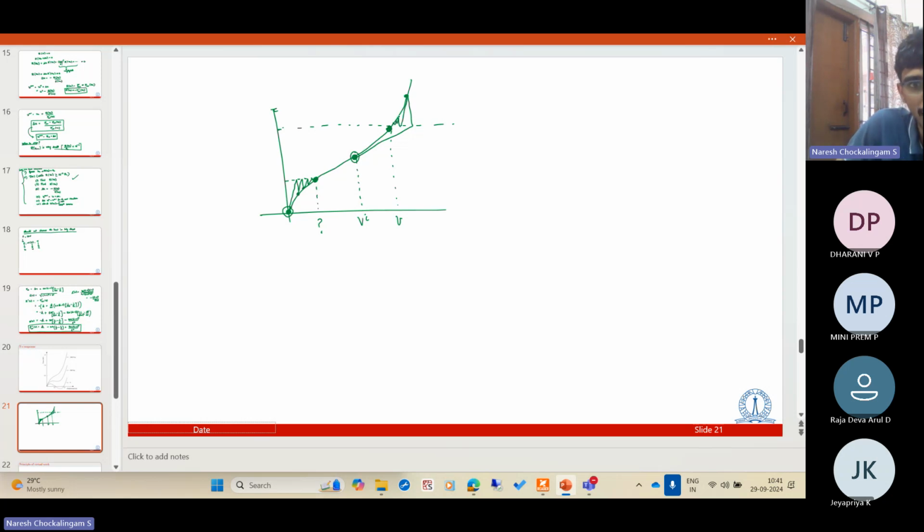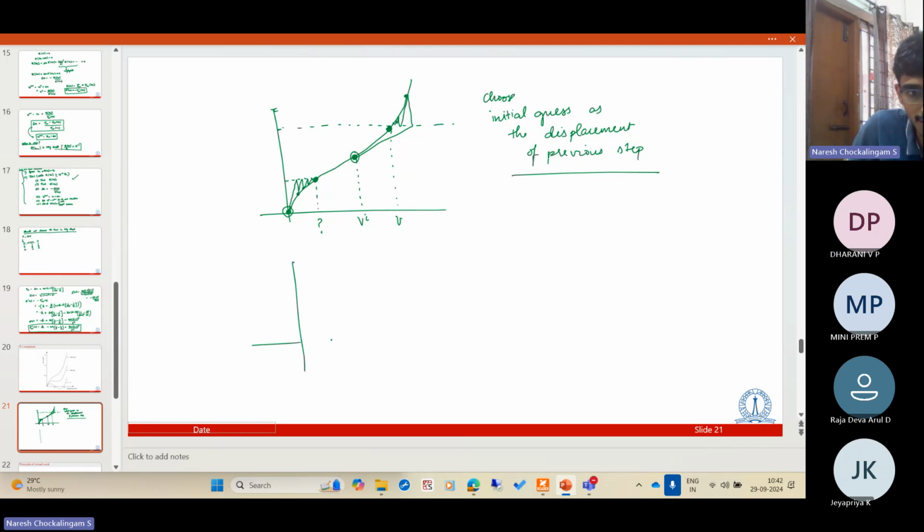Then it will converge. So every time I want an initial guess. Let me choose the initial guess as the displacement of the previous step.